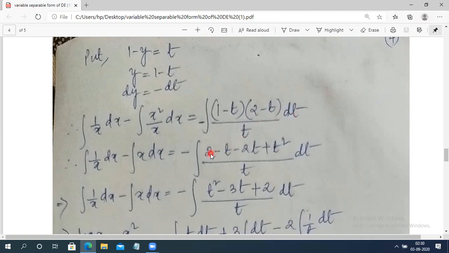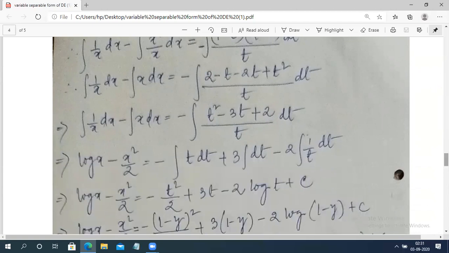And when we multiply 1 minus t and 2 minus t, we will get t square minus 3t plus 2 here, divided by t. And this type of function is very easy to integrate. You will write t square by t dt as t dt.